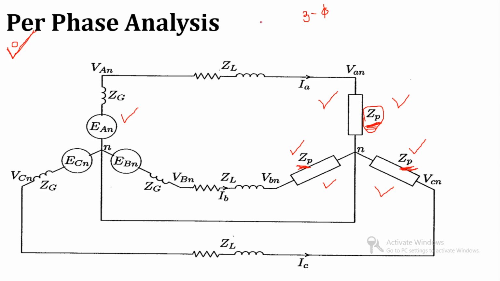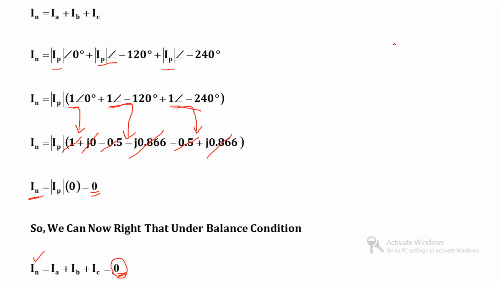So, this is known as per phase analysis. You analyze any one phase, and you give the conclusion for the remaining second and third phase. It is only applicable for a balanced three phase system in which neutral current is 0.